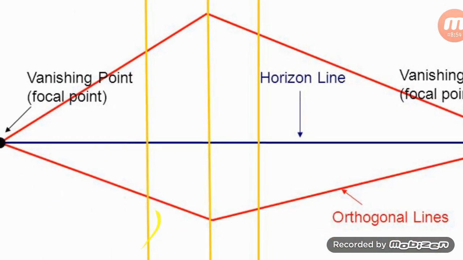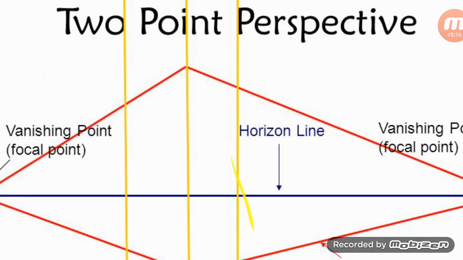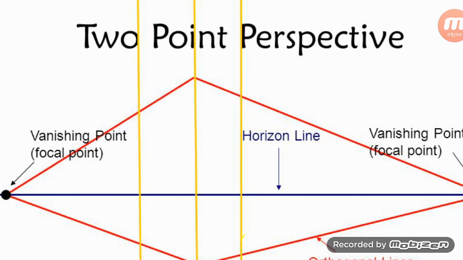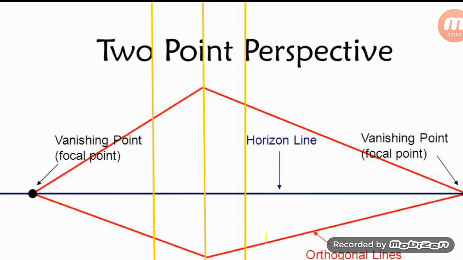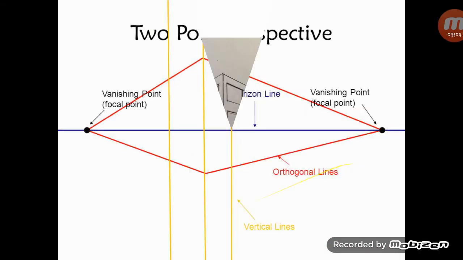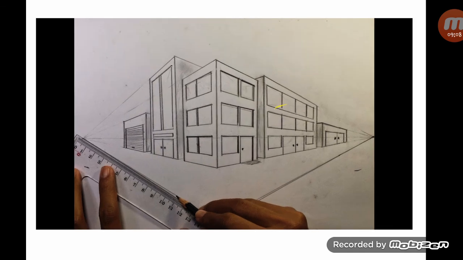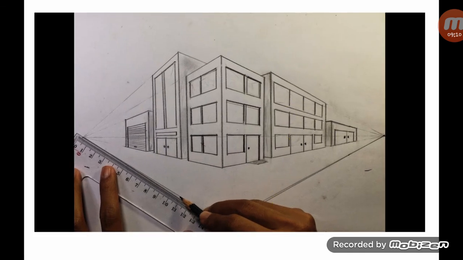Two vanishing points for two-point perspective. Example of two-point perspective.